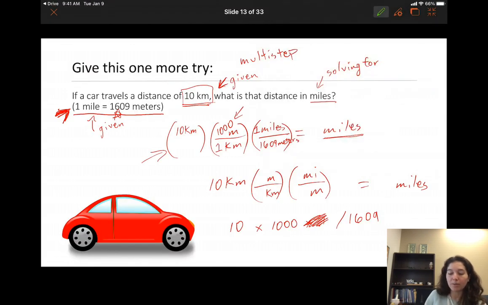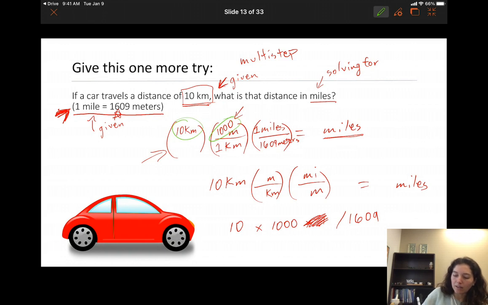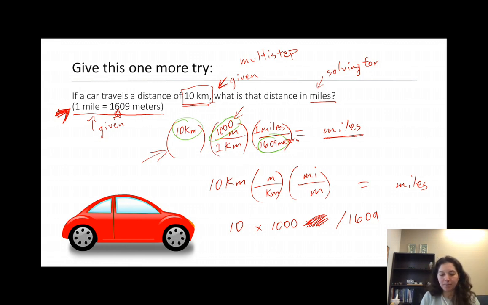Let me show you where I got those numbers from. 10's on the top, so it's multiplied. 1,000's on the top, so it's multiplied. And the 1609 is on the bottom, so it's divided by. So that gives us a value of 6.22 miles. And that would be your answer for this one.